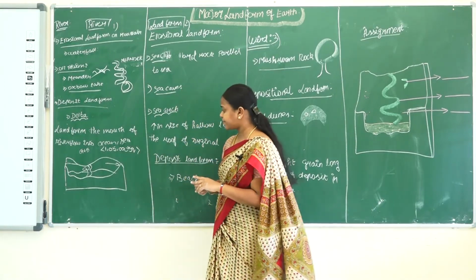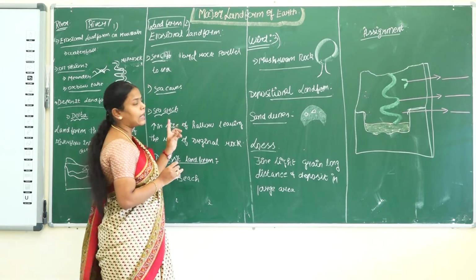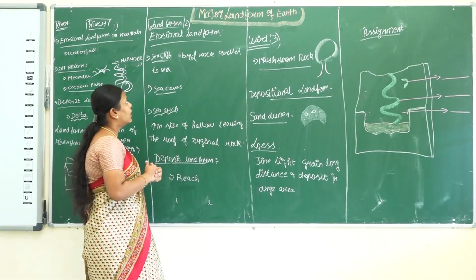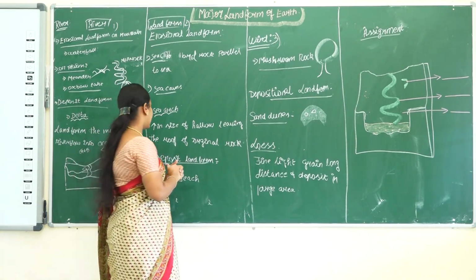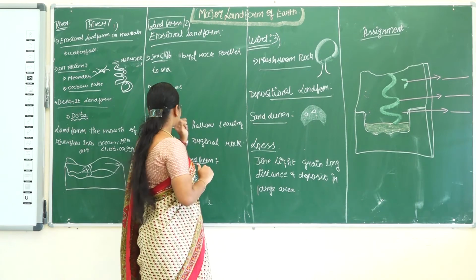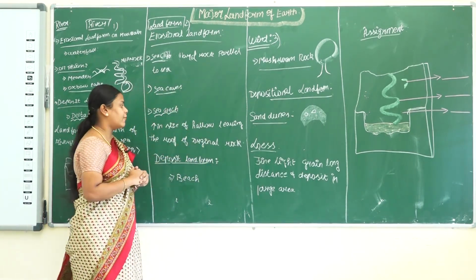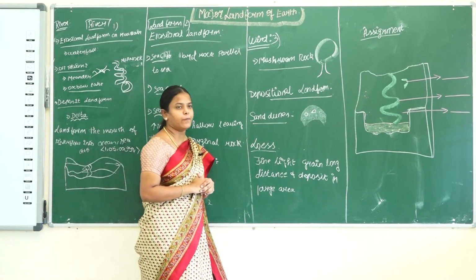Next, we are going to see about landforms. In landforms, there is erosional landform. In erosional landform, there are different types: sea cliffs, sea arch, and sea caves. These come under the erosional landforms. And the deposited landform is in the form of beach.